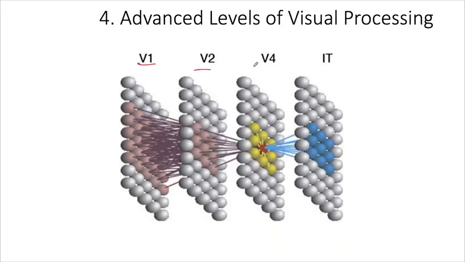As I discussed, we have V1, V2, V3, V4, and the inferior temporal gyrus, and these neurons are interestingly connected to each other in different ways and different formats. So they have what we call feed-forward information. So we have the information that is going from here to there.